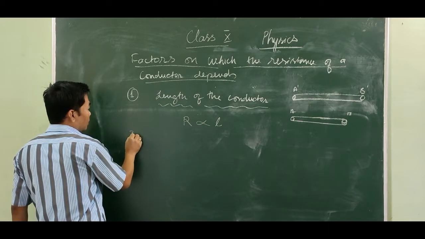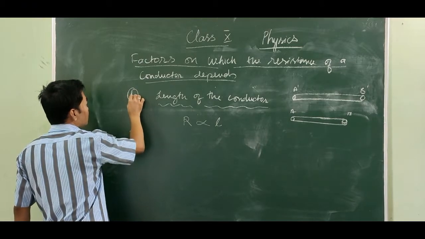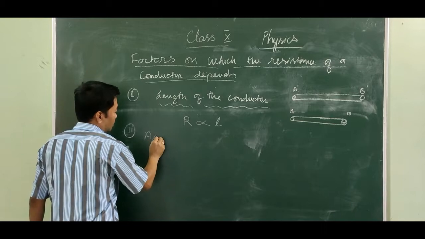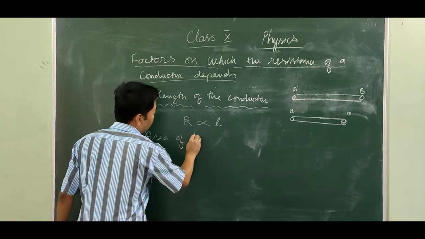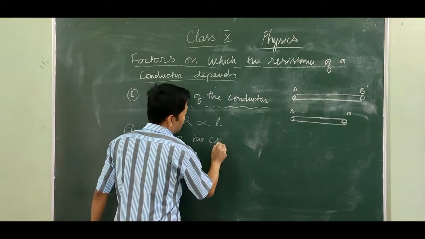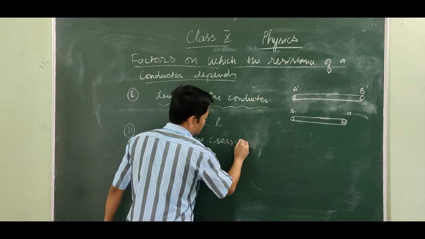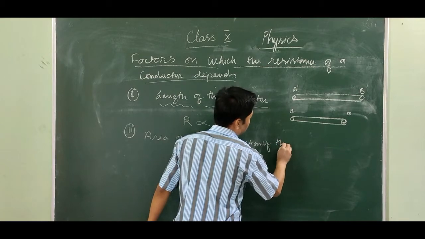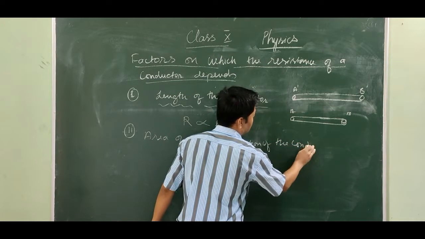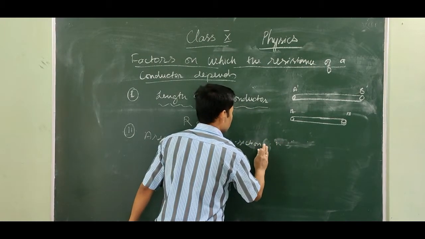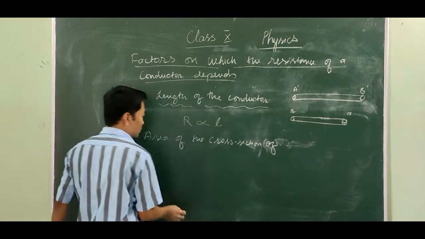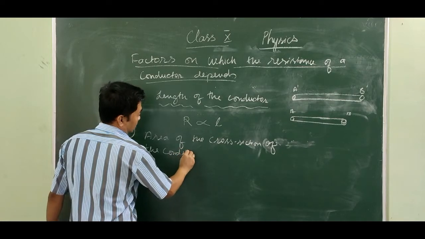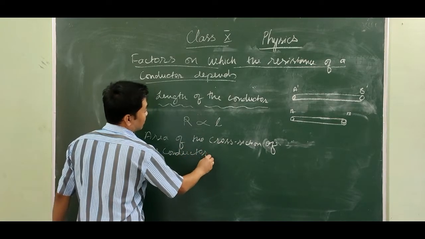Now the second factor is the area of cross section of the conductor. These factors are very easy.